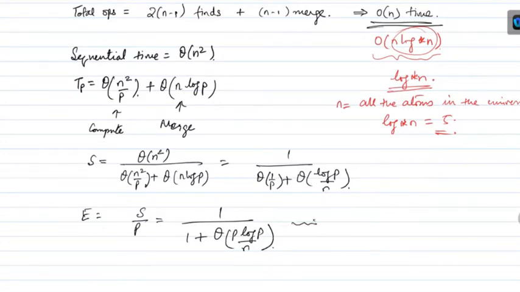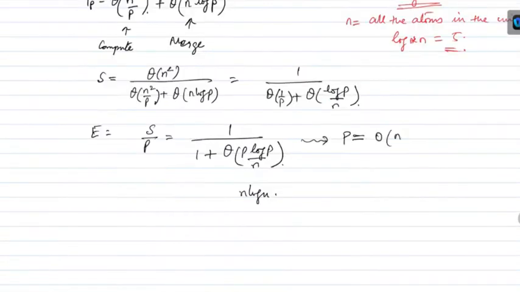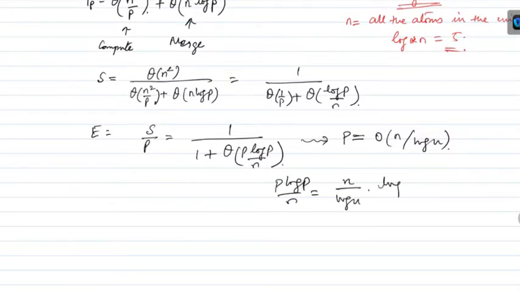So what is the maximum number of processes I can use in order to get a constant efficiency? If I take processes to be order n by log n, then p log p by n will become n by log n into log p, which is log of n by log n, pretty much log n, divided by n, which will be 1.